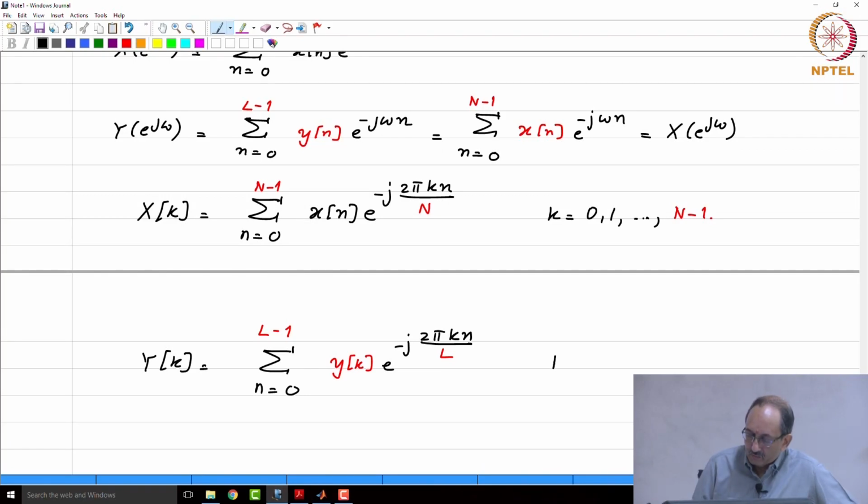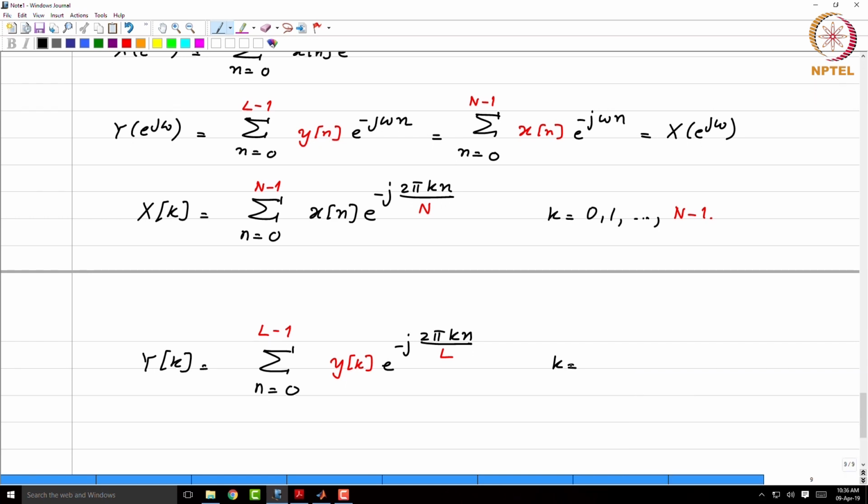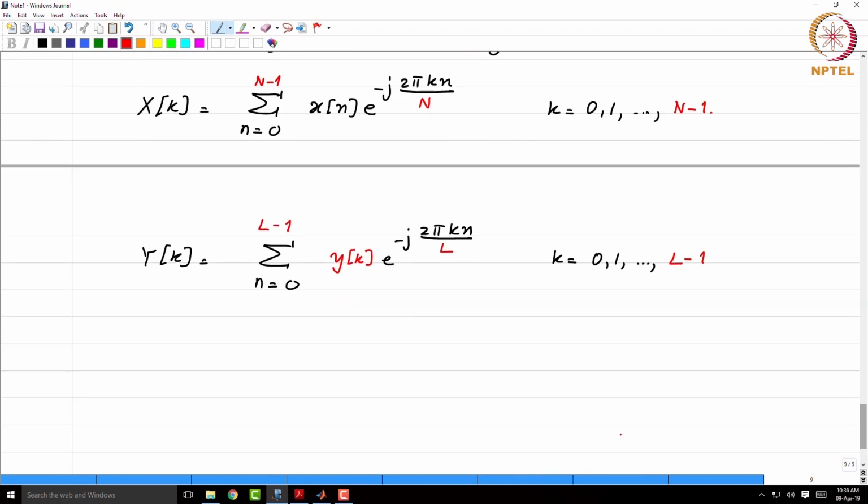And if you have an N point sequence, you get an N point transform. If you have an L point sequence, you will get an L point transform. So you will have L DFT coefficients. Therefore k itself has to go from 0, 1 up to L minus 1.